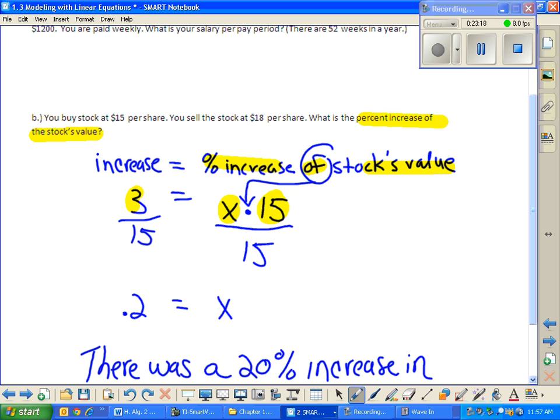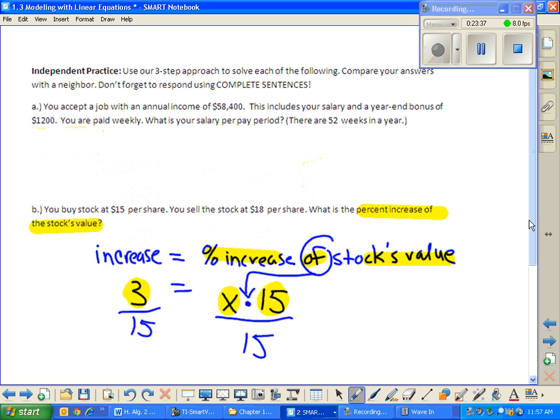And then that would yield an increase of $3. So when I solved that particular equation, thinking that of is multiplication in math class, dividing both sides by 15, I got 0.2. 20% increase in that stock. $1,100, which is what I saw when you walked around, was the answer to part A. Okay. Notes and bookwork tonight.